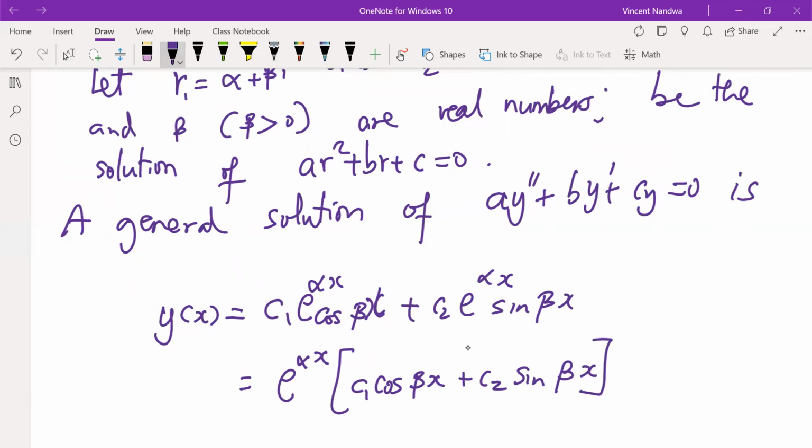So the next session will be demonstrating how to get solutions to such kind of equations. Thank you.